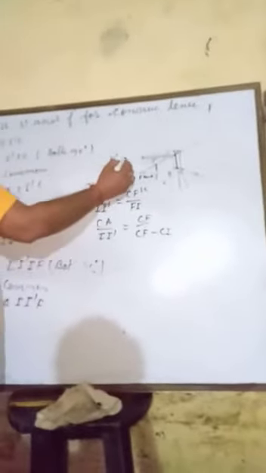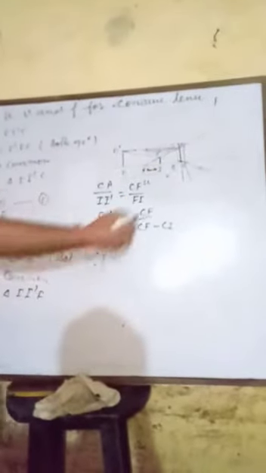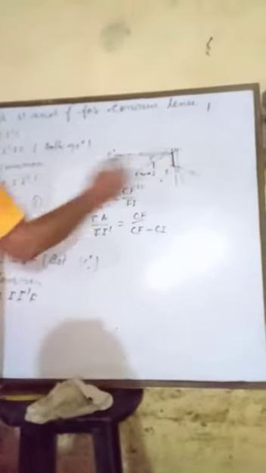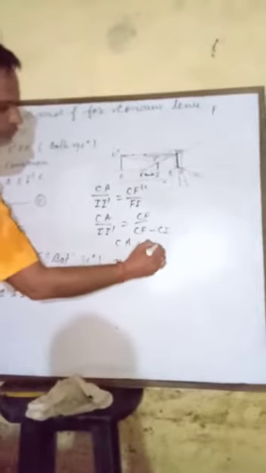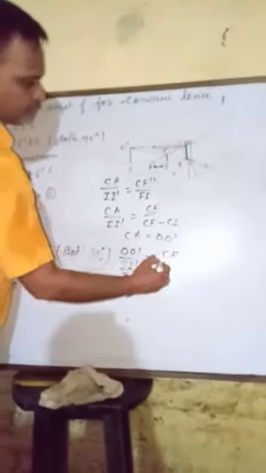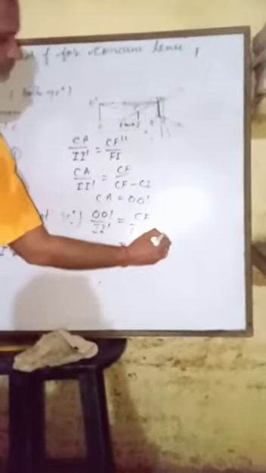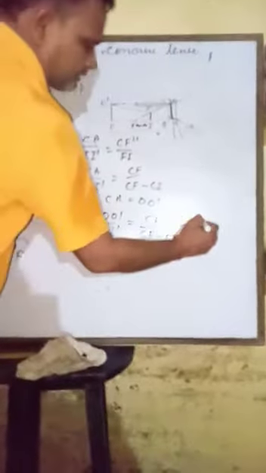But light ray O dash A travels parallel to the principal axis, so CA is equal to O dash O. Thus O dash O upon I dash I is equal to CF upon CF minus CI. It is equation number 2.